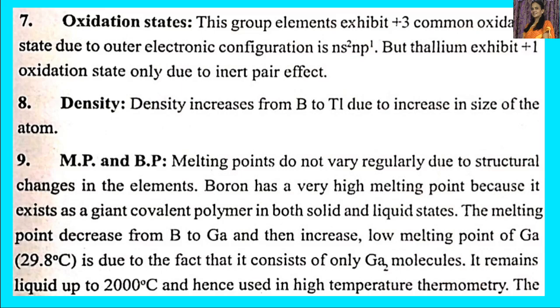It remains liquid up to 2000 degrees centigrade and hence is used in high temperature thermometry. Okay, so at about 29.8 degrees, around 30 degrees centigrade itself, it melts and becomes a liquid. So this is used in high temperature thermometry.